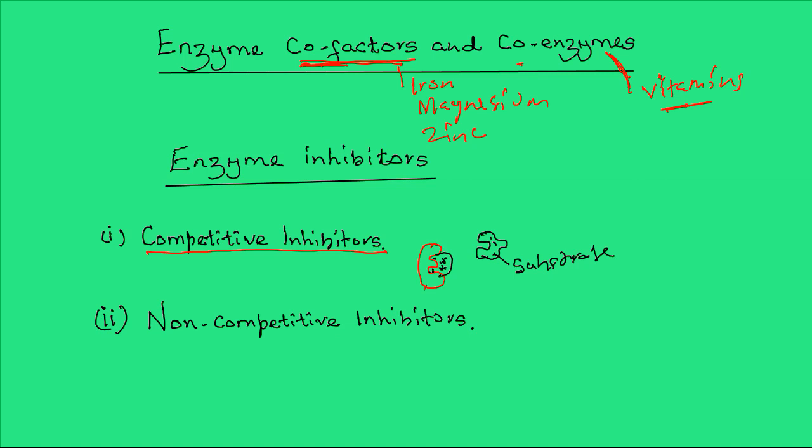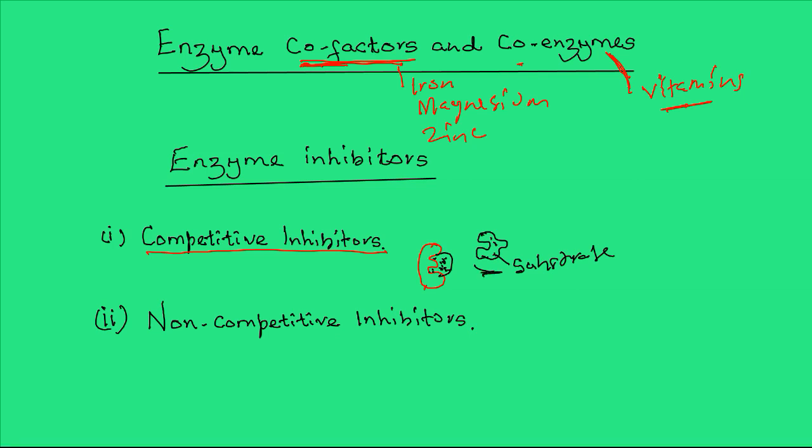The fact that this inhibitor takes up the active site prevents this substrate from combining with the enzyme, and therefore the rate of the reaction is going to be slowed down. Now, this type of inhibition can be overcome by increasing the substrate concentration.